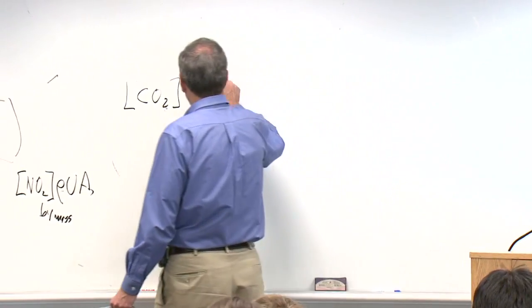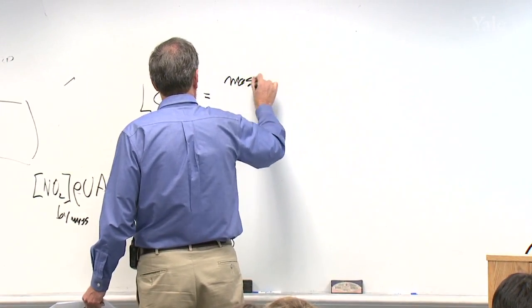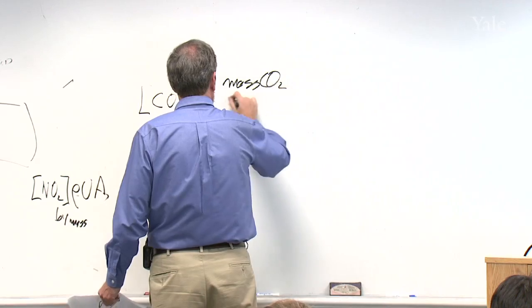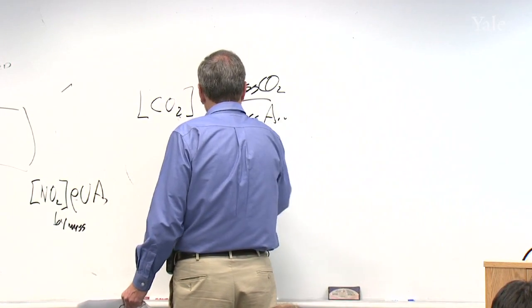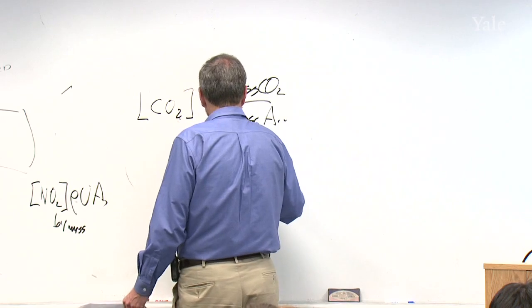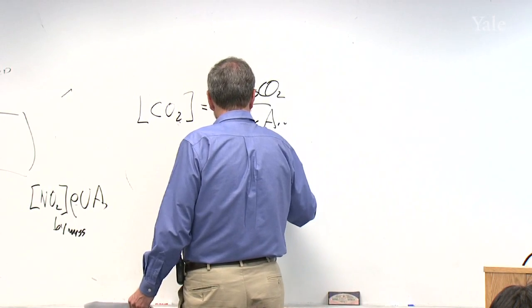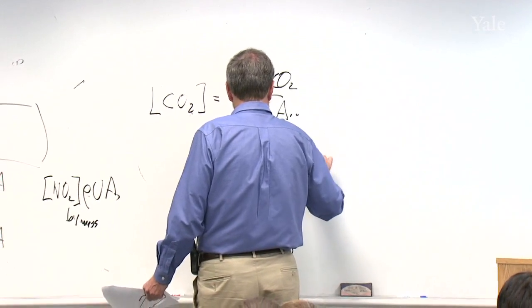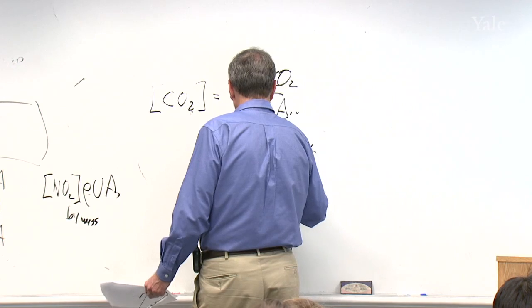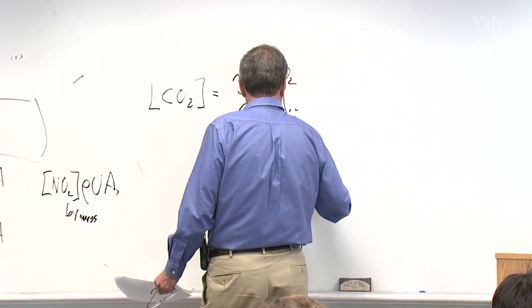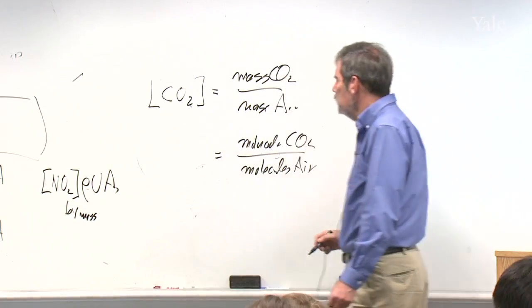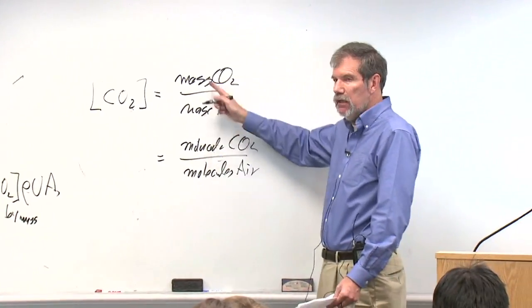And that could be either the mass of CO2 over the mass of air, or it could be the number of molecules of CO2 versus the number of molecules of air. So remember which one you're dealing with.